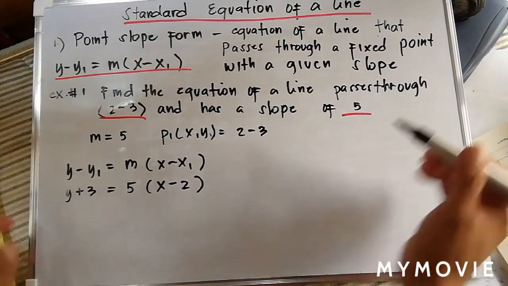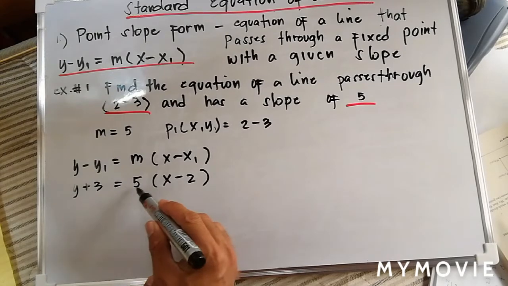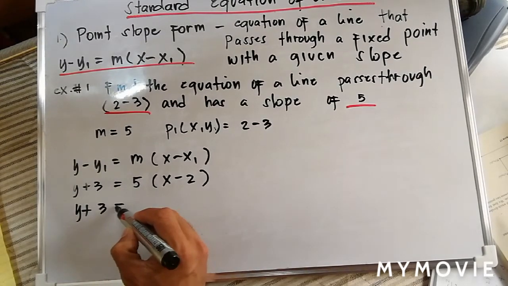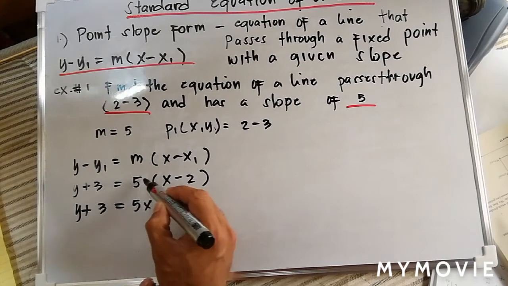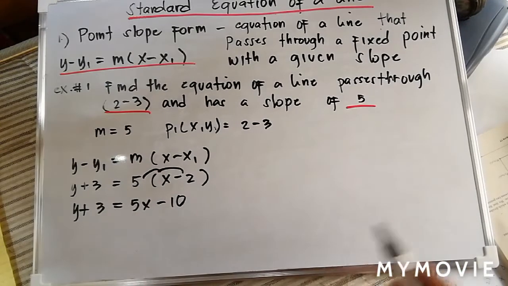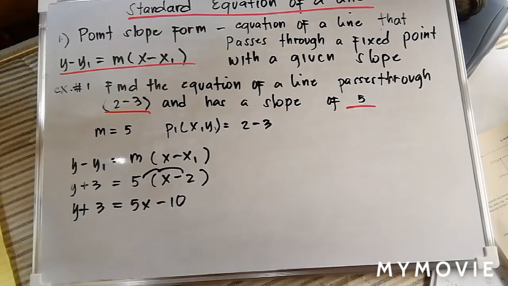In this case, we can now distribute the value of 5 into these equations. So copy y plus 3, that is equal to 5x, since we're going to multiply this one. 5 times negative 2, that is negative 10. Now we can get the standard equation by transposing y to the left side, and negative 3 to the right side.